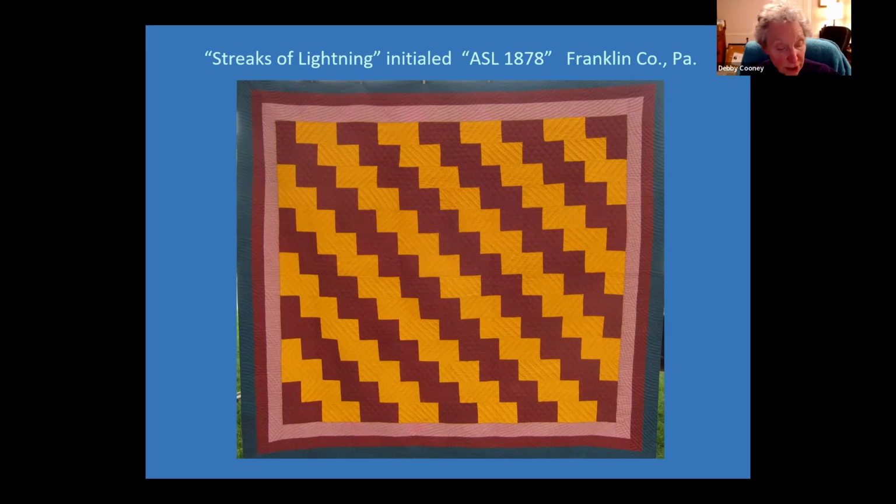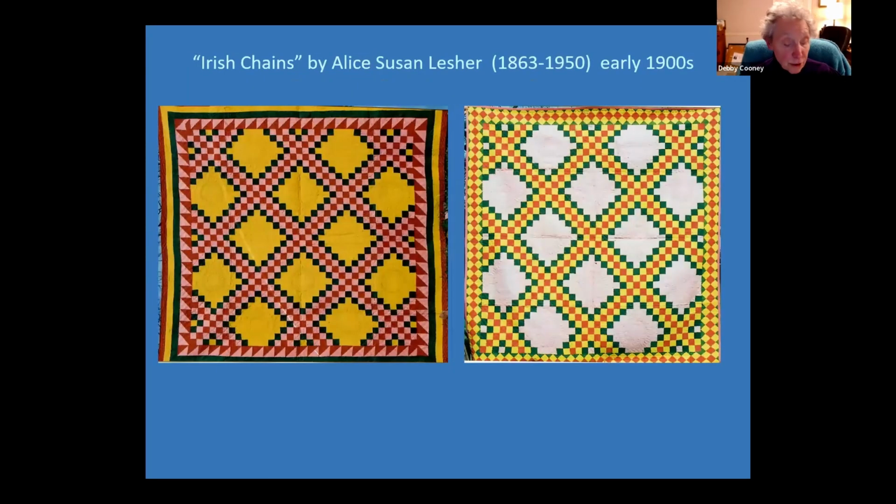The earlier auction had sold quilts made by the Lesher family members, well-known quilters in the area, especially this Alice Susan Lesher, who is listed as a dressmaker in the 1900 census. Most of the family was Mennonite. And here are 2 quilts she made later.